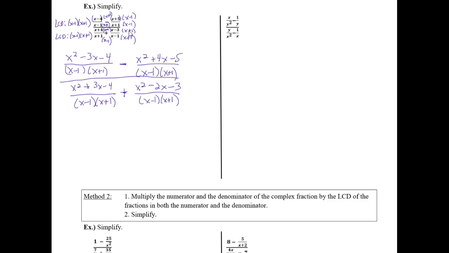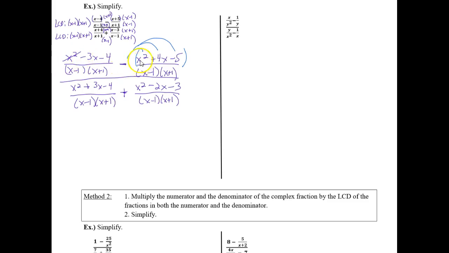Now the whole goal of that was to add or subtract and get a single fraction in the numerator, single fraction in the denominator. When I subtract, I have to be super cautious that I am subtracting all the terms in that numerator. Subtracting x squared, subtracting 4x, subtracting negative 5. So let's go ahead and combine those into a single fraction. X squared minus x squared is gone.